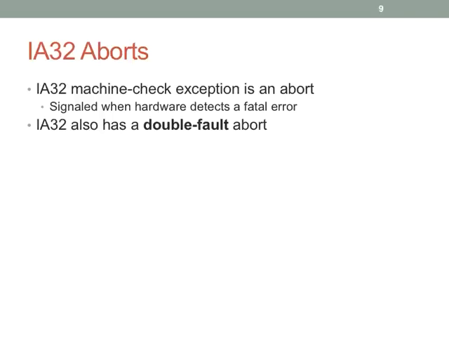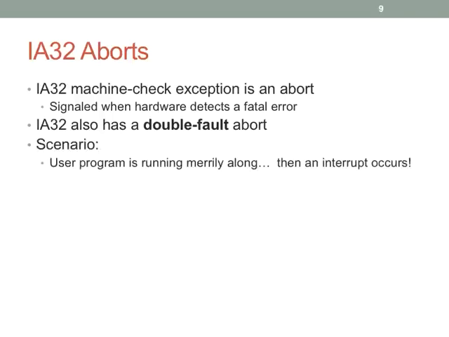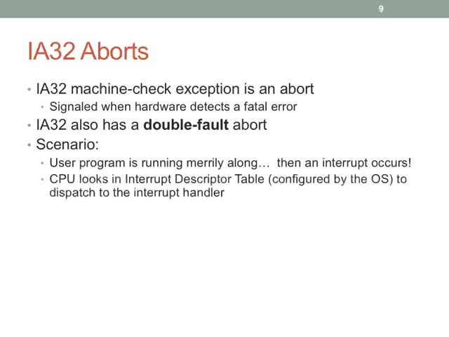So you have a double fault abort. And the scenario basically goes like this. You have an interrupt that occurs, and that's all fine. You know, this is all normal operation. And so the CPU looks up in the interrupt descriptor table, what handler do I want to invoke to handle this interrupt?